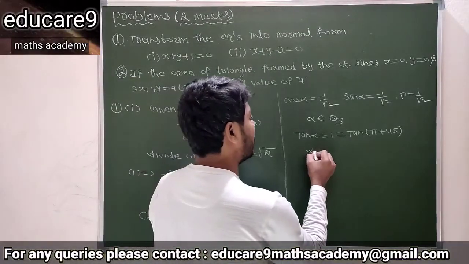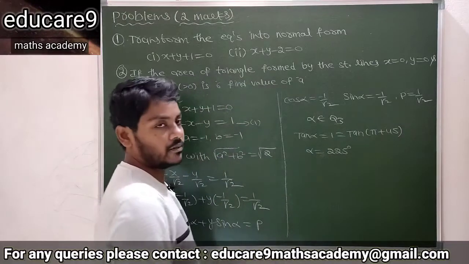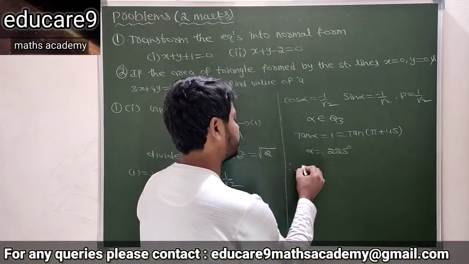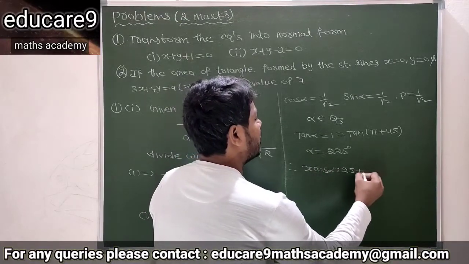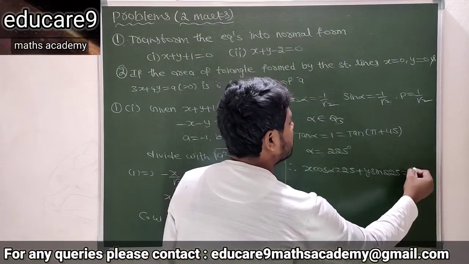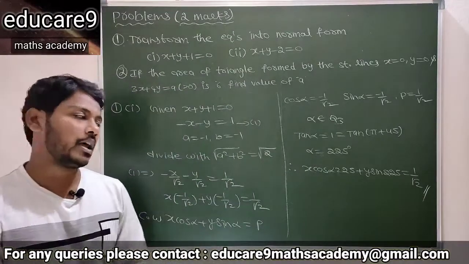Now, what is the alpha value? 225 degrees, so 180 plus 45. Therefore, the required normal form is x cos 225 plus y sin 225 is equal to 1 by root 2. So this is the required normal form.